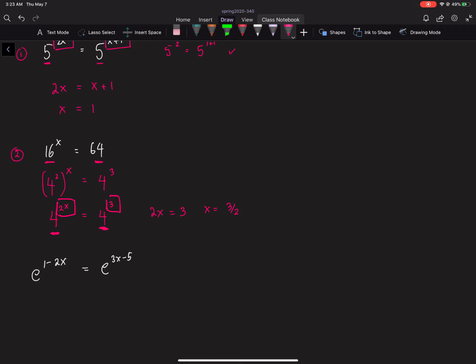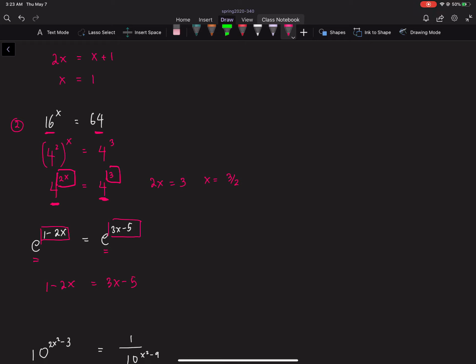Now let's look at the next one. So the next one, I have my really fancy base e, and both sides of the equation have the same base. So I can pick up the powers and set them equal to each other. So I get 1 minus 2x is equal to 3x minus 5.